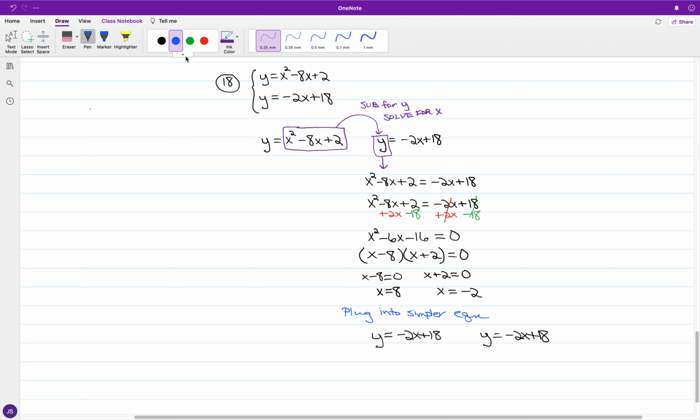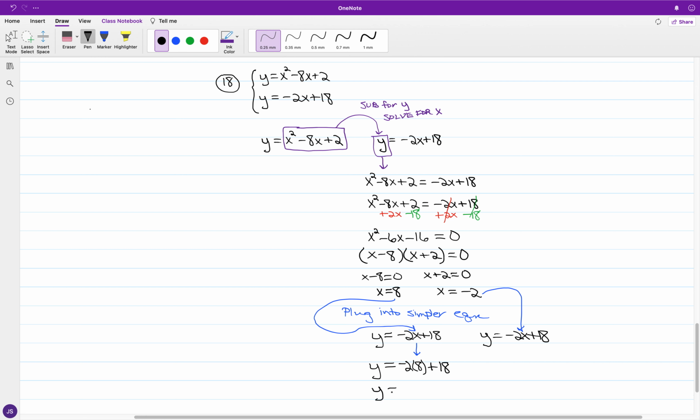So if we're looking at plugging in, so plug in 8 for x, and also plug in negative 2 for x. So whenever x is at 8, so we have negative 2 times 8 plus 18.